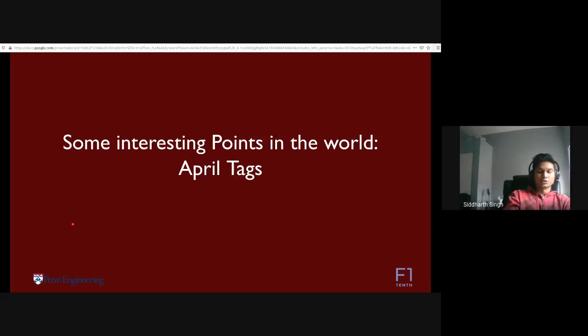These include things like vanishing points, parallel points, April tags. The thing that we will be talking about is April tags, and this is what we'll be using in our lab too. So we are now slowly shifting towards the lab and how to solve the problem that we will be bringing into the lab to give you a flavor of what detection and prediction looks like.